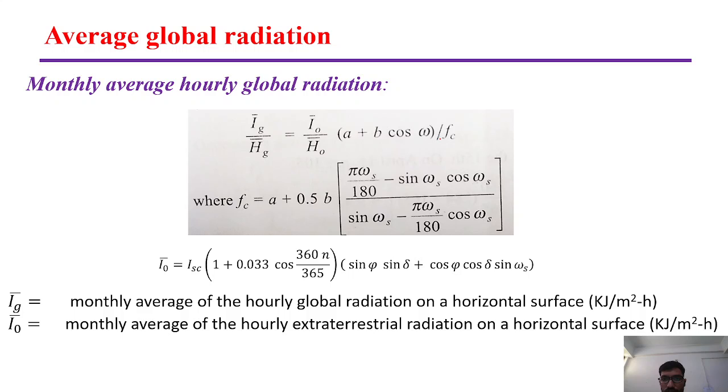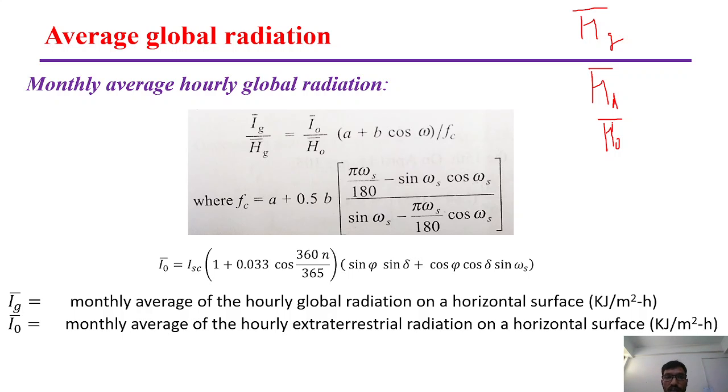Now, first we read about the monthly average daily global radiation, Hg bar. Then we read about the monthly average daily diffuse radiation, HD. And before HD, to solve the HD, we need the value for the monthly average radiation on the extraterrestrial surface.